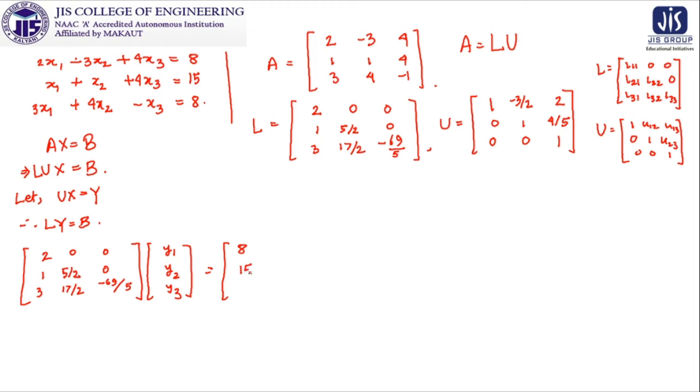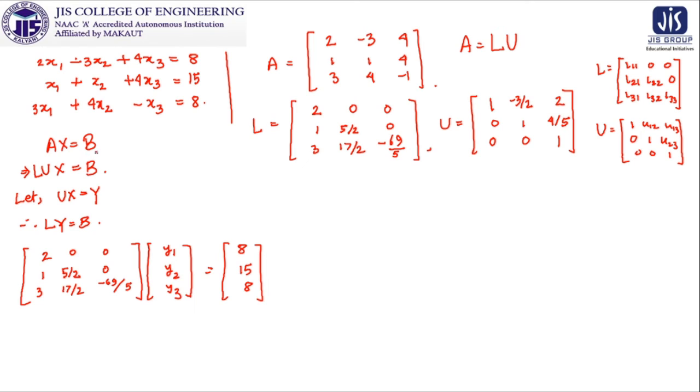8, 15, 8. Before proceeding further, I want to mention that these y1, y2, y3 are nothing but the components of Y, and you may have one query: we are going to solve one system of linear equations and we are factorizing it in such a manner that we have to solve two systems of linear equations. But immediately you will feel the difference between this process and the Gauss elimination method.